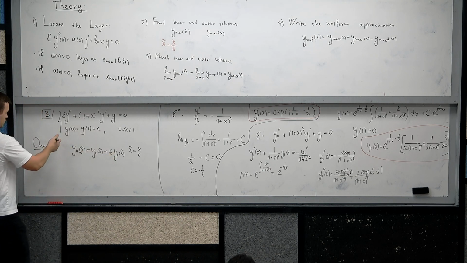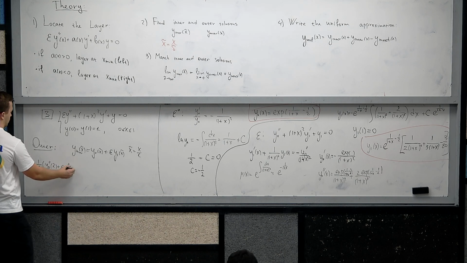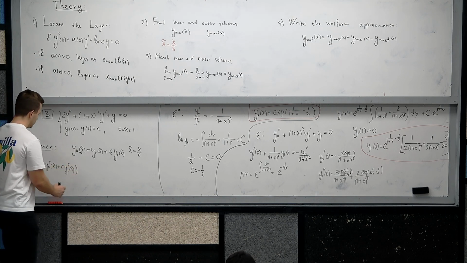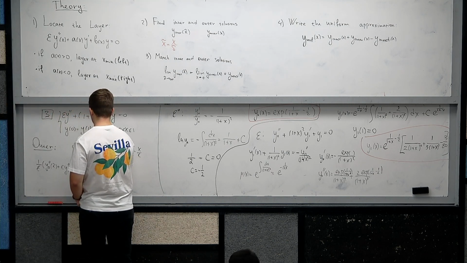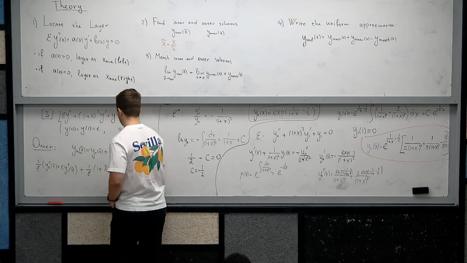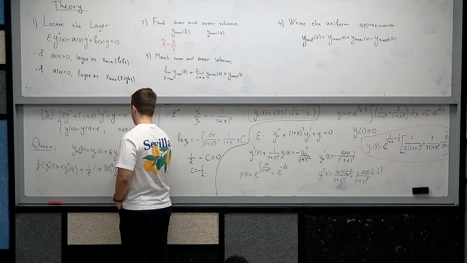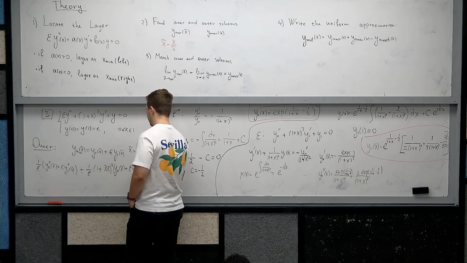So let's rewrite this equation and plug in this. So we'll have 1 over epsilon times y naught double prime of x tilde plus epsilon y1 double prime of x tilde as the first term, then plus 1 over epsilon times 1 plus x tilde epsilon squared times y naught prime of x tilde plus epsilon y1 prime of x tilde.